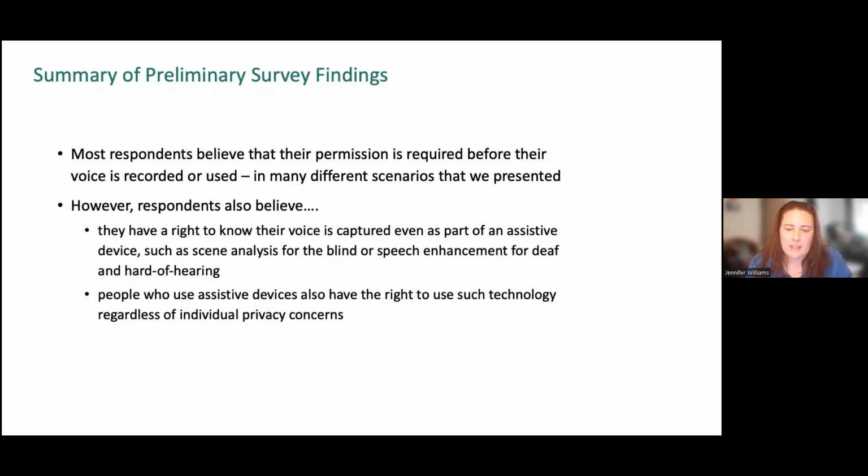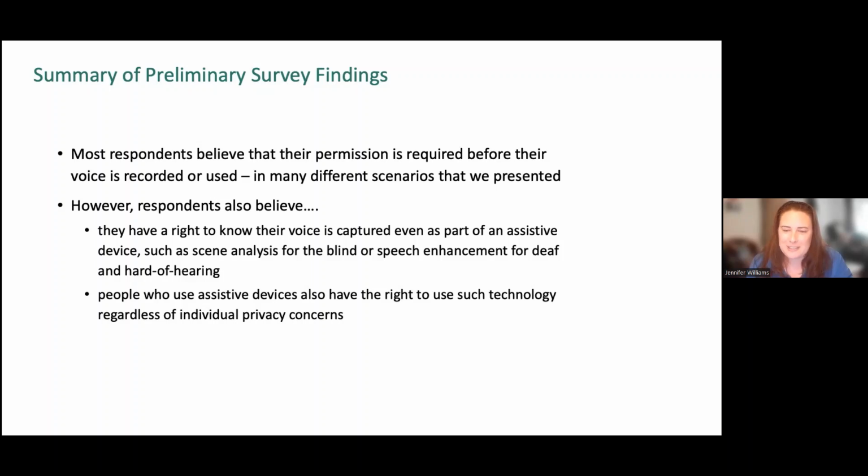And for the speech enhancement, you'd have different types of technologies that would, for example, enhance a specific voice, perhaps from a distance as well, so that someone who was not able to hear could hear better. Now, people who use assistive devices also have the right to use that technology regardless of people's individual privacy concerns.